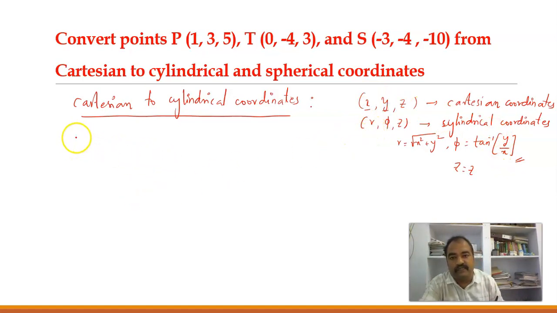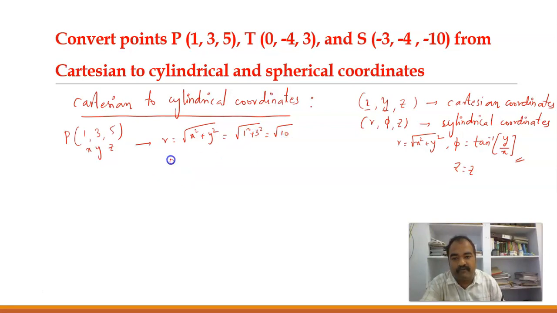So first of all, we will start with the point P: 1, 3 and 5. These are x, y and z. So the r value is square root of x square plus y square, so it is square root of 1 square plus 3 square. It is root 10. And phi is tan inverse of y by x, so it is tan inverse of 3 by 1, so it is tan inverse 3.